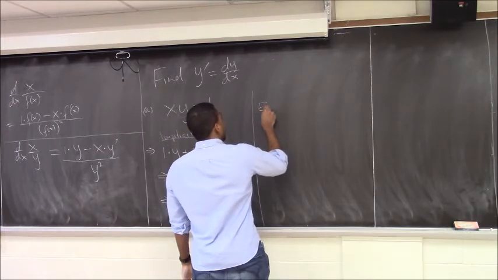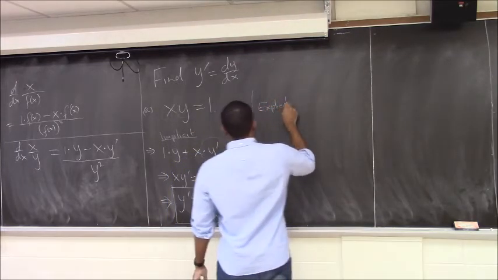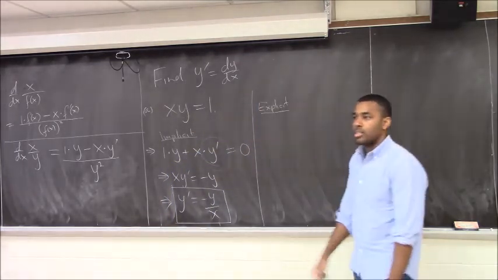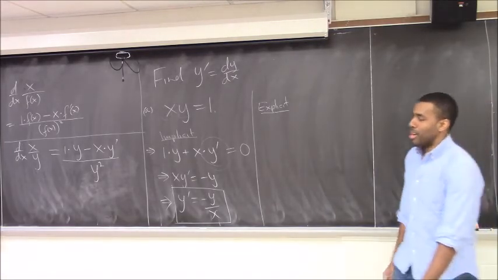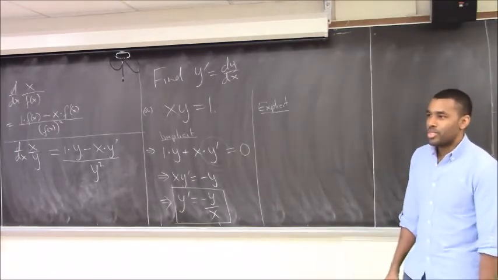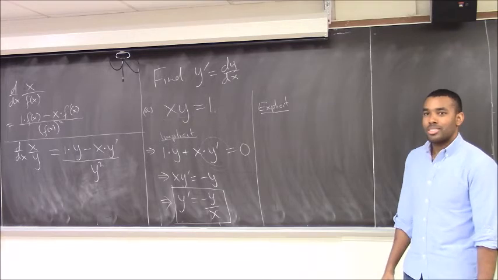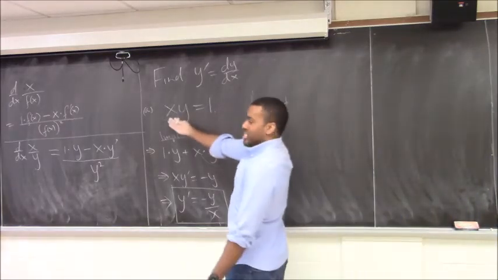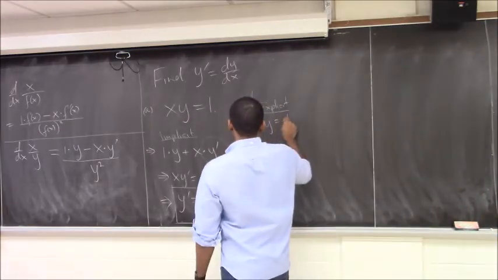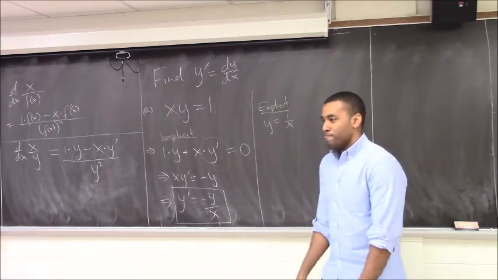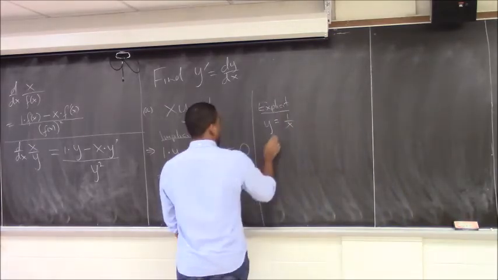Could we do this using explicit differentiation? Some of you probably thought of that. Was there another option here? Divide by x. x is not 0, so I could have just divided by it from the beginning, right? And how would I find y prime now?